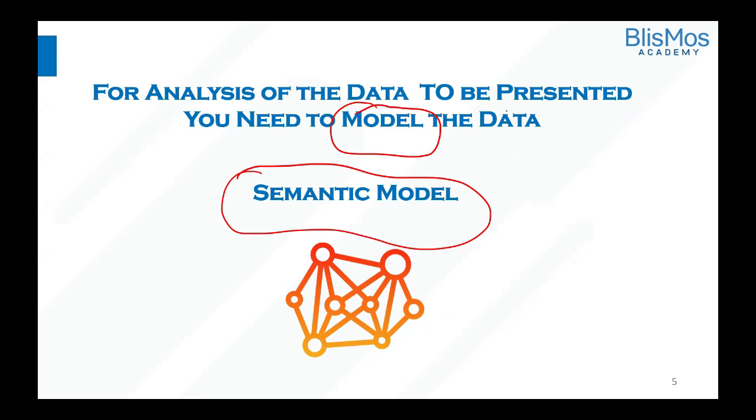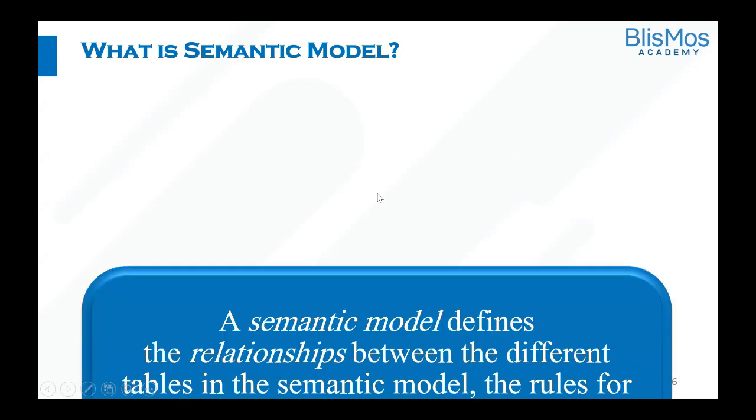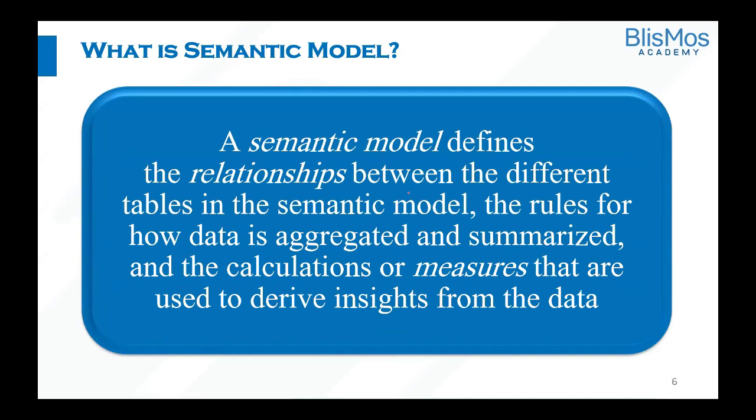Now, Parvin, what is the semantic model? Building the connection between the tables, sir. Very good. That is one of the important aspects of the semantic model. Any other thoughts? Organizing the tables. Good. A semantic model defines relationships between the different tables.